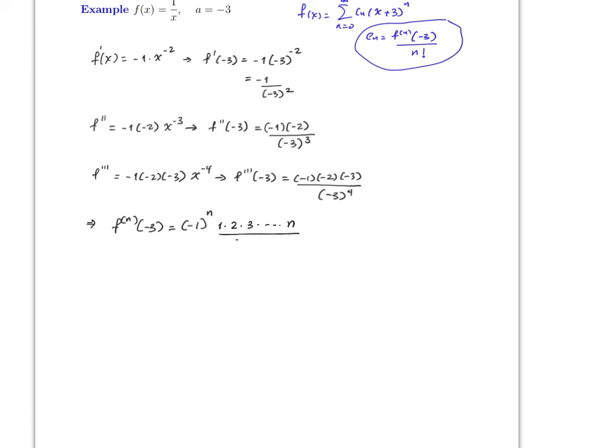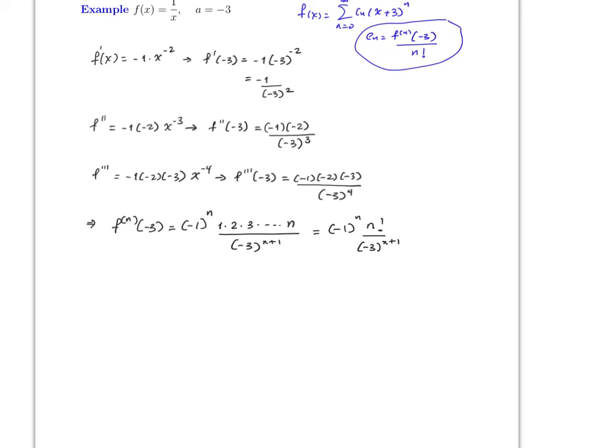Then on the bottom, this will be minus 3. Notice that this is 1 more than this. This is 1 more than this. So this will be 3 to the n plus 1. So you can rewrite the top as n factorial. So this will be minus 1 to the n times n factorial, divided by minus 3 to the n plus 1.